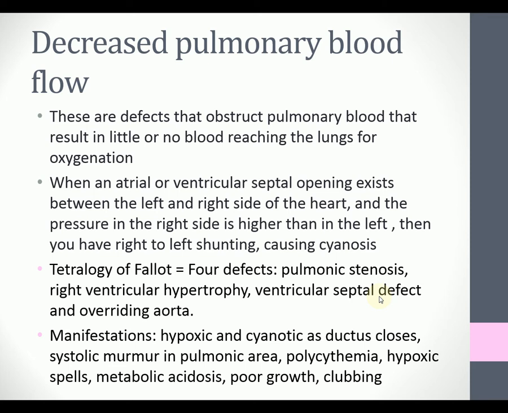So if I don't want them to close, I needed to give that baby something to keep them from it. And usually we give prostaglandin E to help keep that patent ductus patent until we can get them to where they can have surgery. The times that we begin to see them become hypoxic and cyanotic is when that ductus closes.